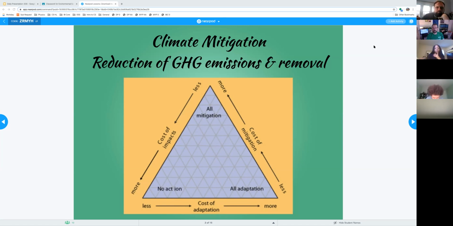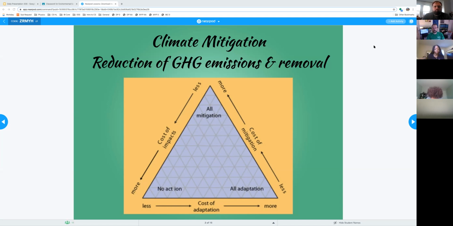Good, thank you, Alanis. So all of those things are things we want to reduce and remove. Yes, good, the fluorocarbons as well, forgot about those.